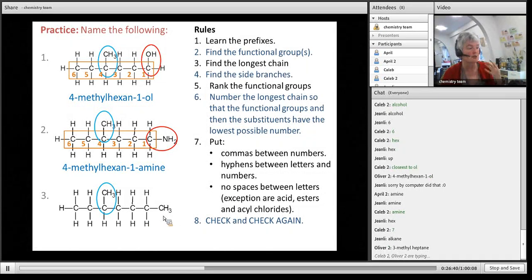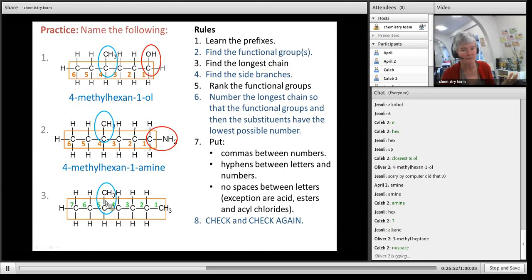But I need to work out where that side chain is going to be. I can either count 1, 2, 3, 4, going this way, like we started, always on the right. But if I do it from the right, it's going to be on the 5th carbon. And if I number it from the left, then I've got it on the 3rd carbon.